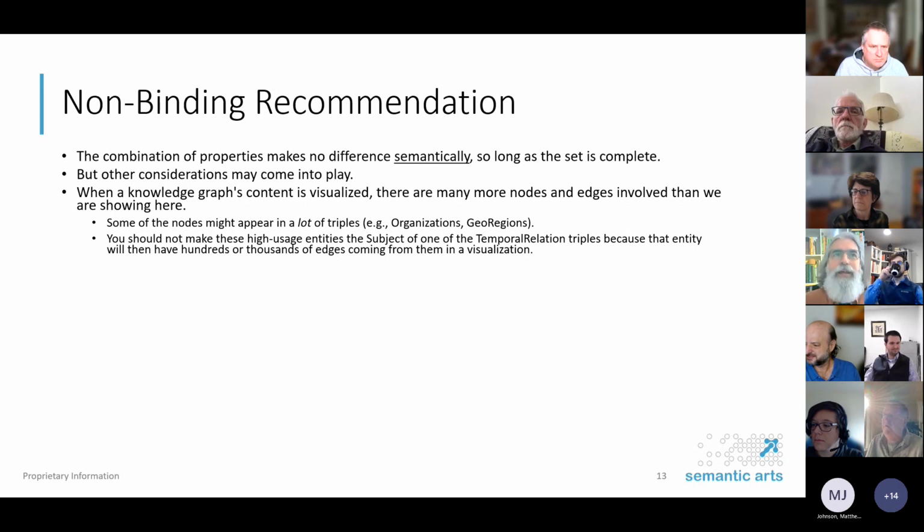Principally, if you are going to be doing visualizations of your knowledge graph, some of the nodes involved here may be participating in a lot of other things.